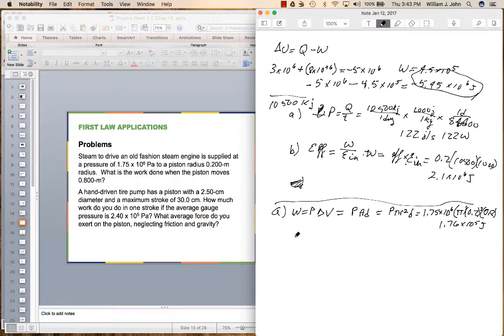So again, the work is going to be P delta V, which is going to be PAD, which will be, now we've got 2.4 times 10 to the 5th times pi times 1.25, this is half of the diameter, times 10 to the minus 2 meters squared, times 0.3.